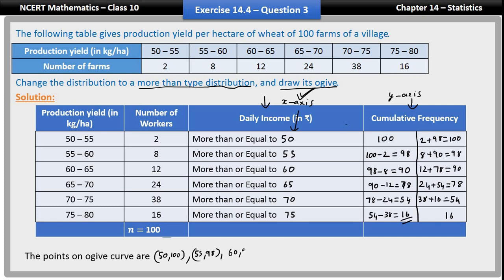Next is 60, 90. Next is 65, 78. Next is 70, 54. Next is 75, 16. So these are the points. We have to plot these points on the graph to get the ogive curve. Now let's move on to the next slide to plot this graph and draw the ogive curve.